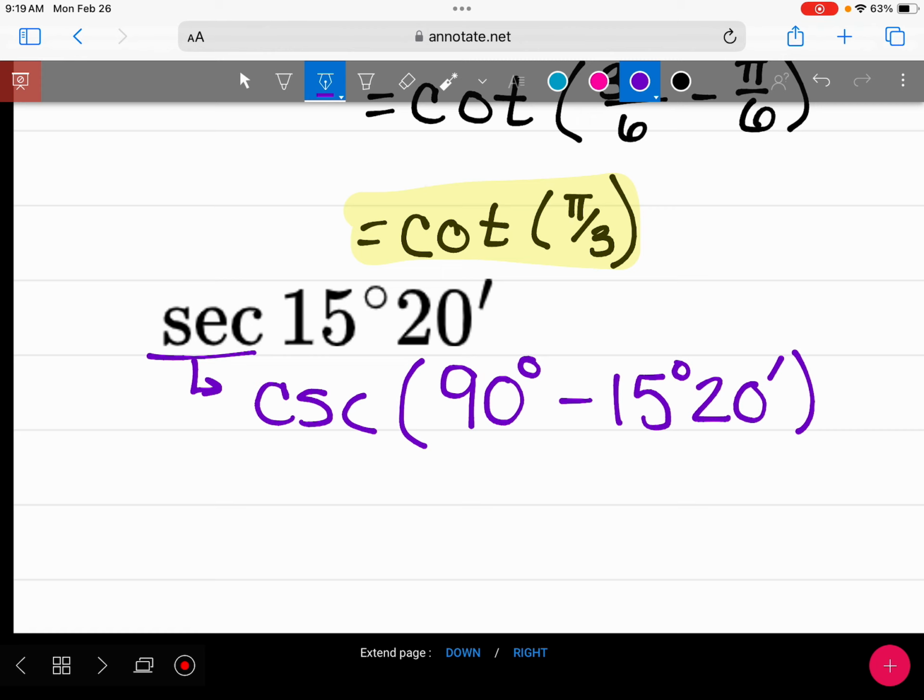So do that simplification. What is 90 degrees minus 15 degrees, 20 minutes? This is going to become the cosecant of 74 degrees. How many minutes? 40 minutes.